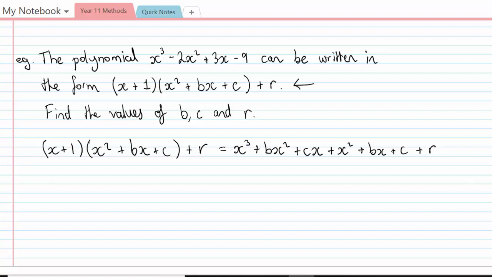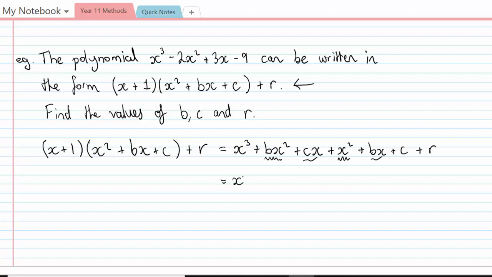You'll notice that there's a few terms here that have the same x. So like we've got bx squared and we've got an x squared here. And also we've got cx and bx. So I'm going to group those together.